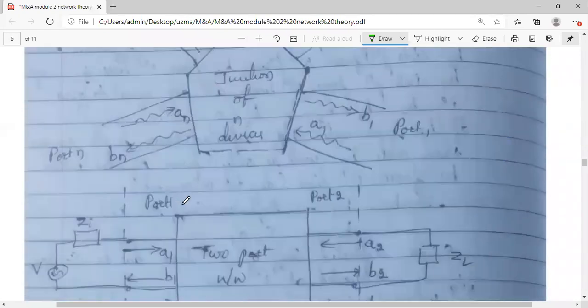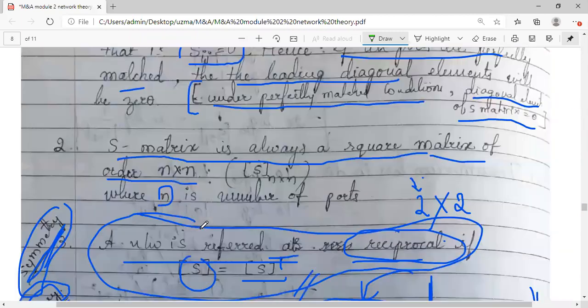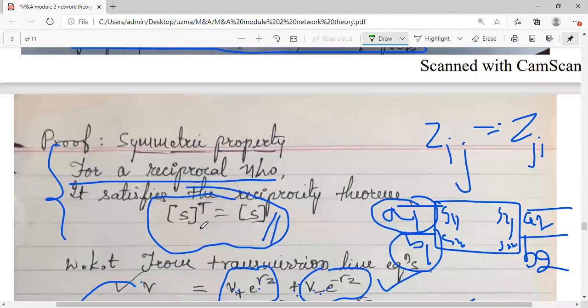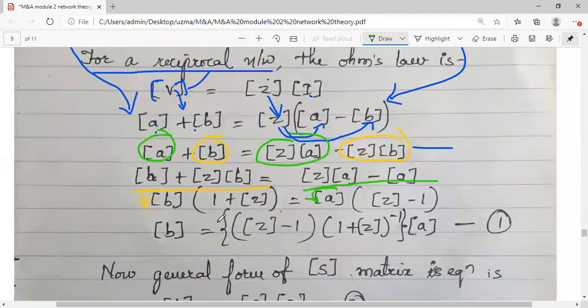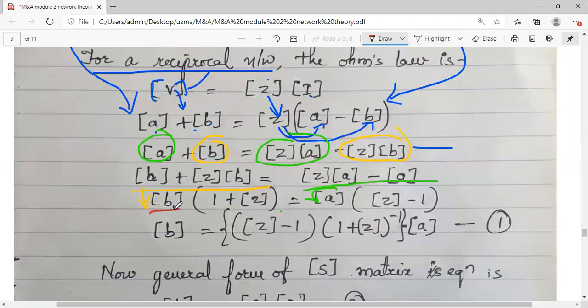So similarly, using the same concept, I will keep the B term on one side and take all other terms to the other side. See, I have kept B here. B is equal to, these two terms are as it is. I have kept A as it is. I have kept Z minus 1 also as it is.